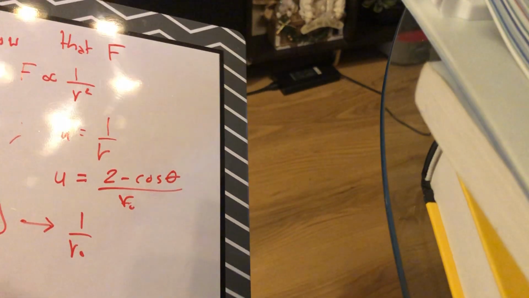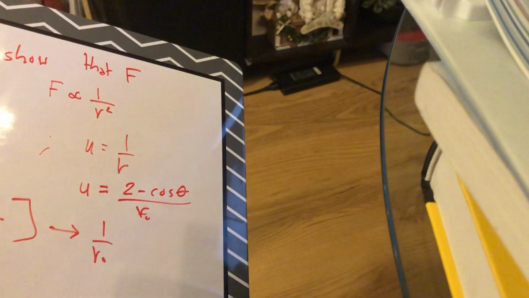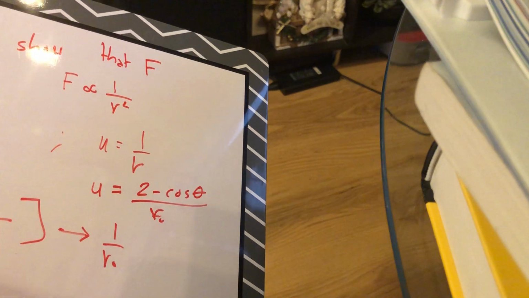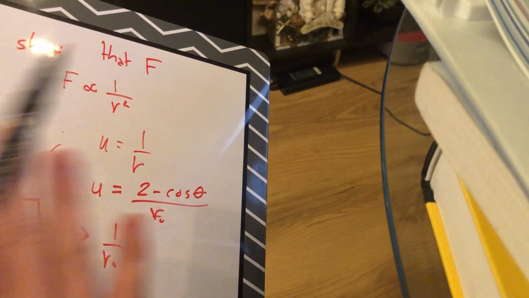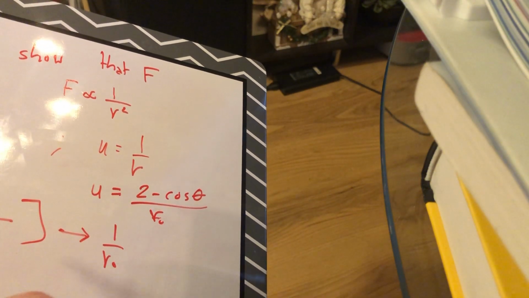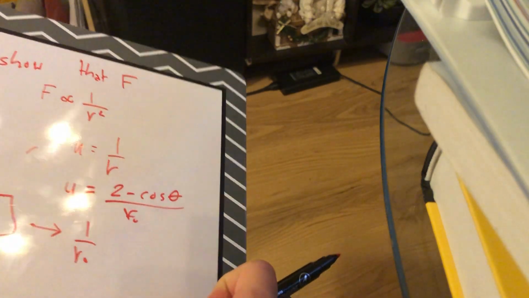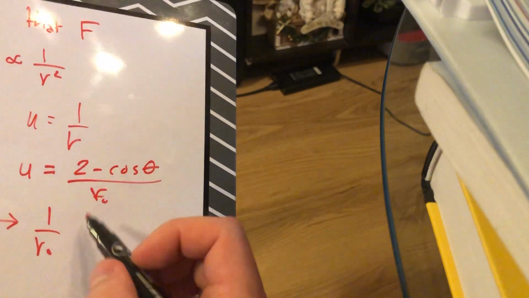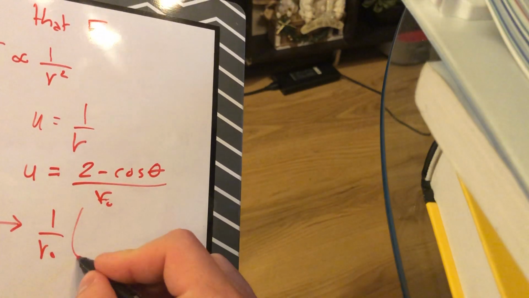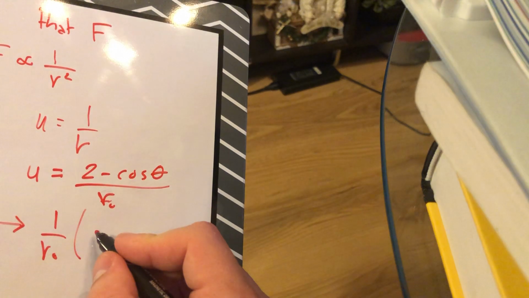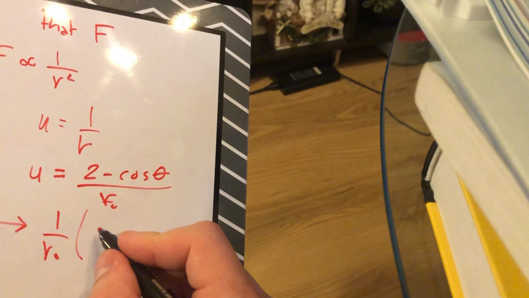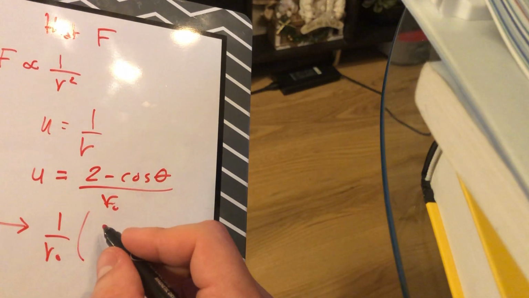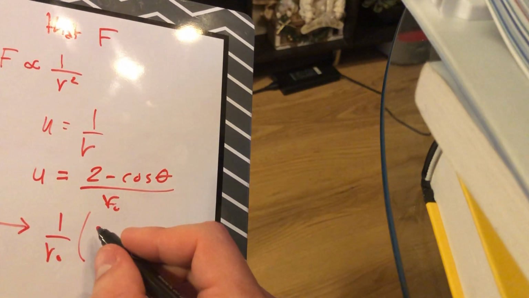And we're going to have the derivative with respect to the angle, d theta of 2, that goes away. And then we're going to have negative. Let me double check that.